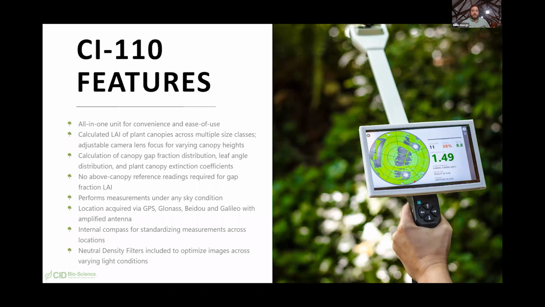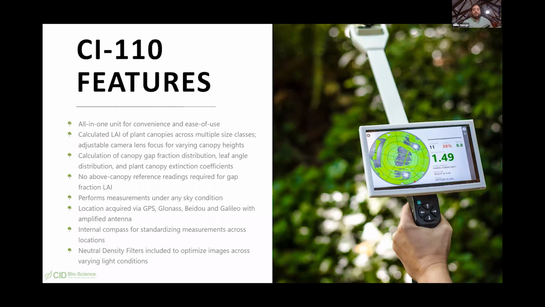It's all in one. And so it can do all the calculations for LAI of your plant canopies across multiple size classes. The camera lens has an adjustable focus, so for canopies that have varying heights, it works really great.